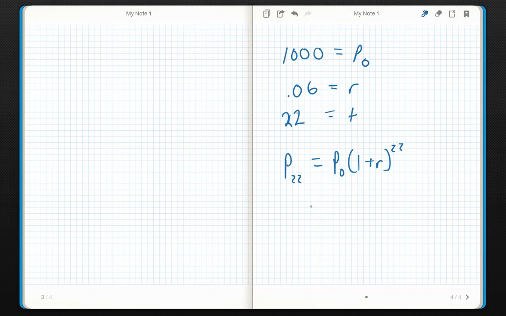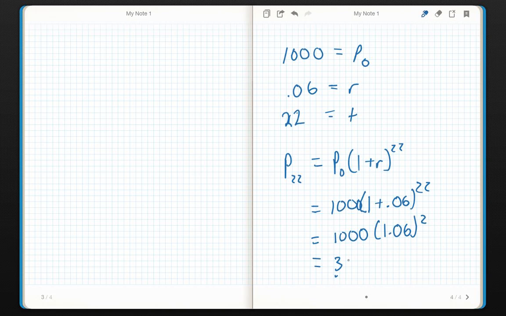So it equals 1,000 times 1 plus 0.06 to the 22nd power, which is 1,000 times 1.06 to the 22nd power, and after plugging it into the calculator, that ends up being $3,603.54 after 22 years.